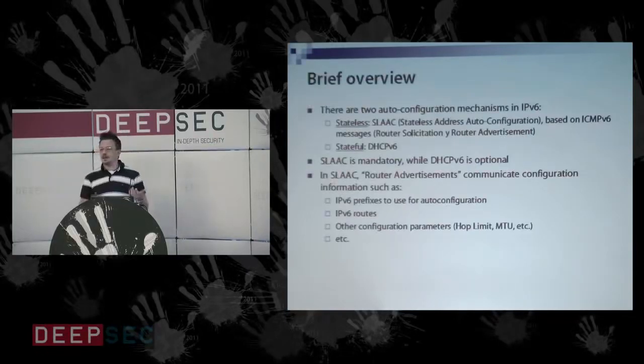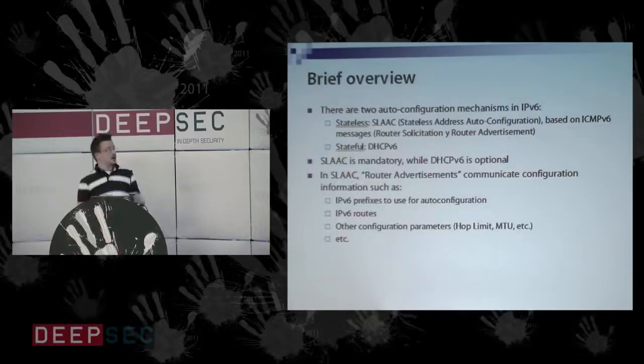In V6, we basically have two mechanisms for auto configuration. One of them is stateful, which is DHCP, analogous to DHCP version 4. The other one is what's usually referred to as SLAAC, or stateless address auto configuration, which is based on ICMP version 6 messages.